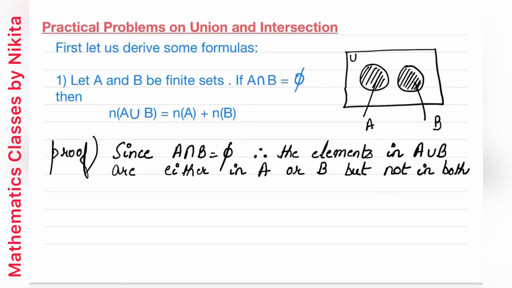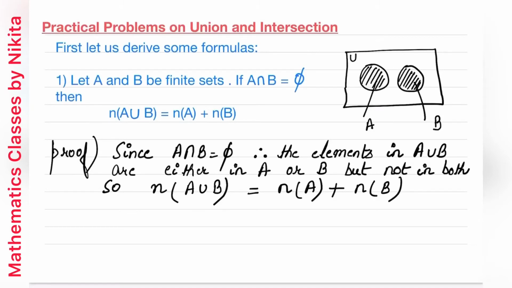So very important, but not in both. And so the number of elements in A union B is equal to the number of elements in A plus the number of elements in B. So this is the proof, hence proved. You have to write it like this, and you can draw the Venn diagram.